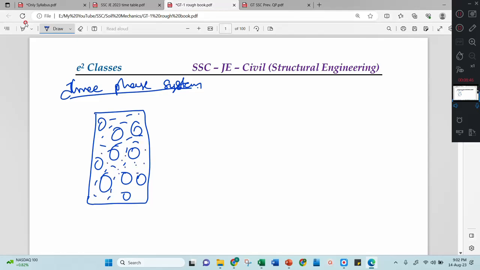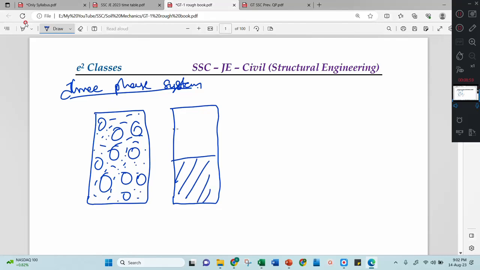Okay, there might be air inside the soil. Then for study purposes, I will divide this into three different phases. This is your solids, this is your water, and this one is air. Now this is called a three-phase system.